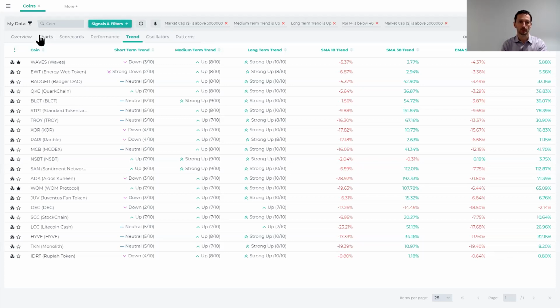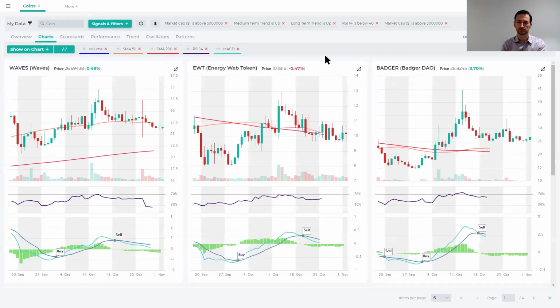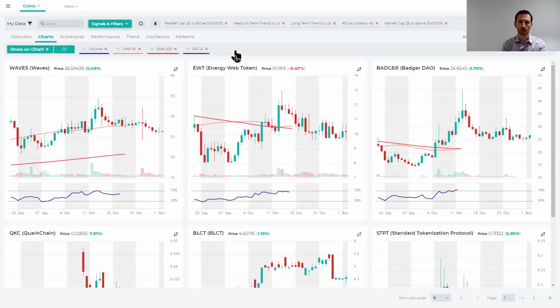And we can go ahead and look at the charts and what we have here. Now, ideally, let's go ahead and get rid of some of the noise, like right now, MACD and SMA 50, we don't need. I'll keep the SMA 200. That, to me, is also an important support area.